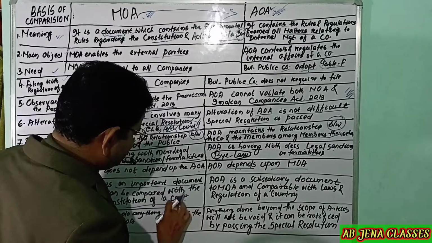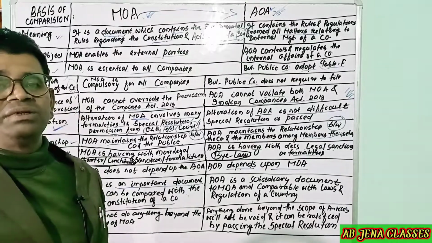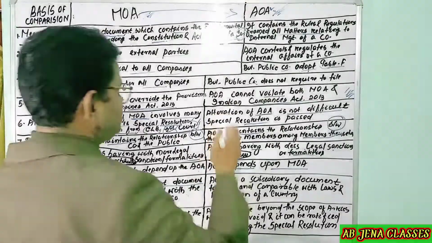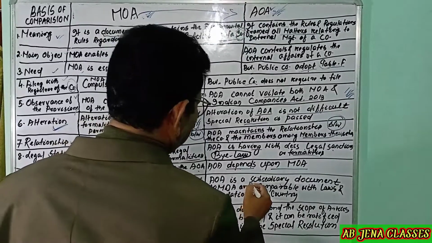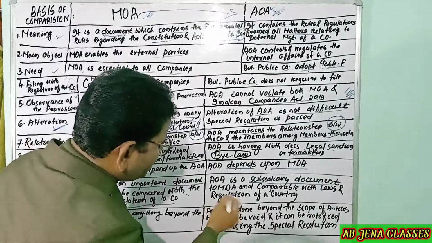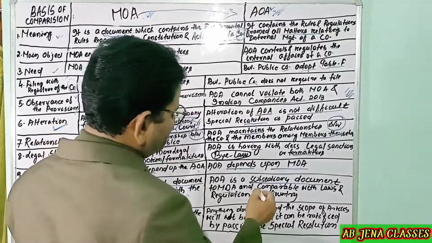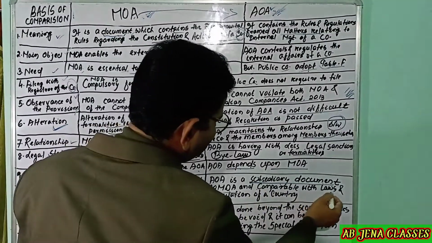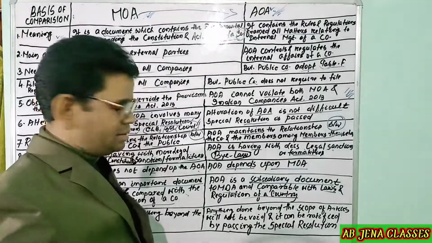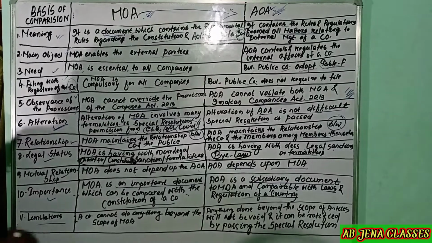Just like a constitution is for the people, of the people, by the people, the articles of association are a subsidiary document to the Memorandum of Association, comparable with the laws and regulations of a country.